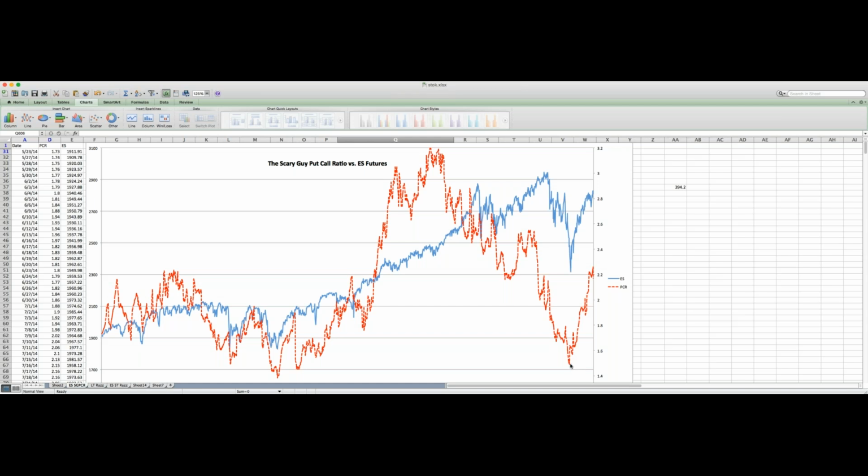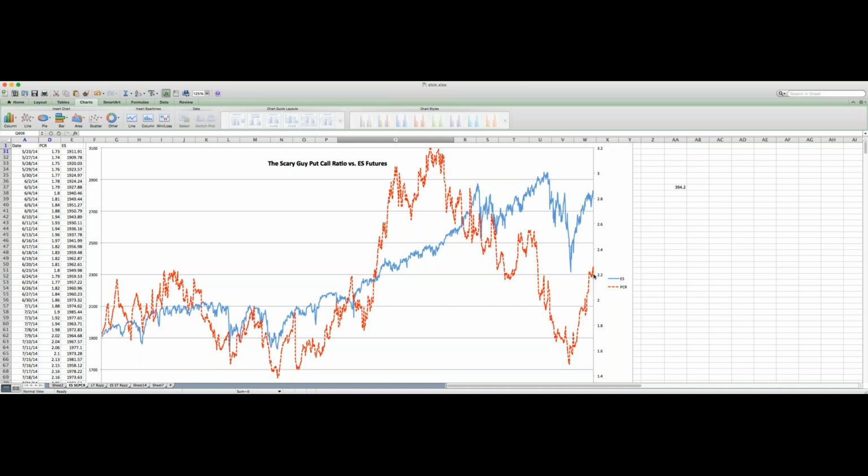And another important thing over here is that if you look at where it bottomed, 1.5, pretty much where 2016 bottomed. Right. So the absolute values also can give us some clues on what to expect. For example, right now, the SGPCR is still going up. It has not begun to top also.